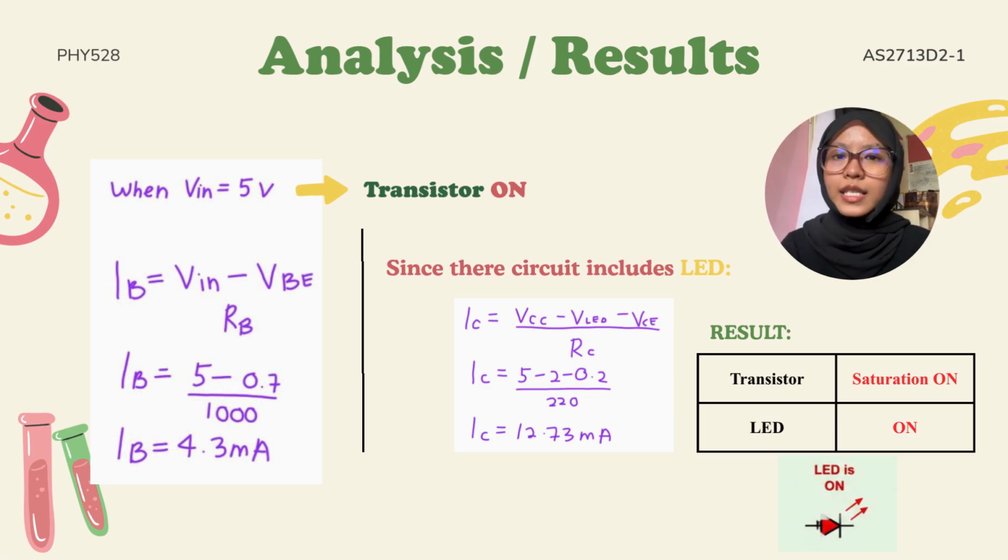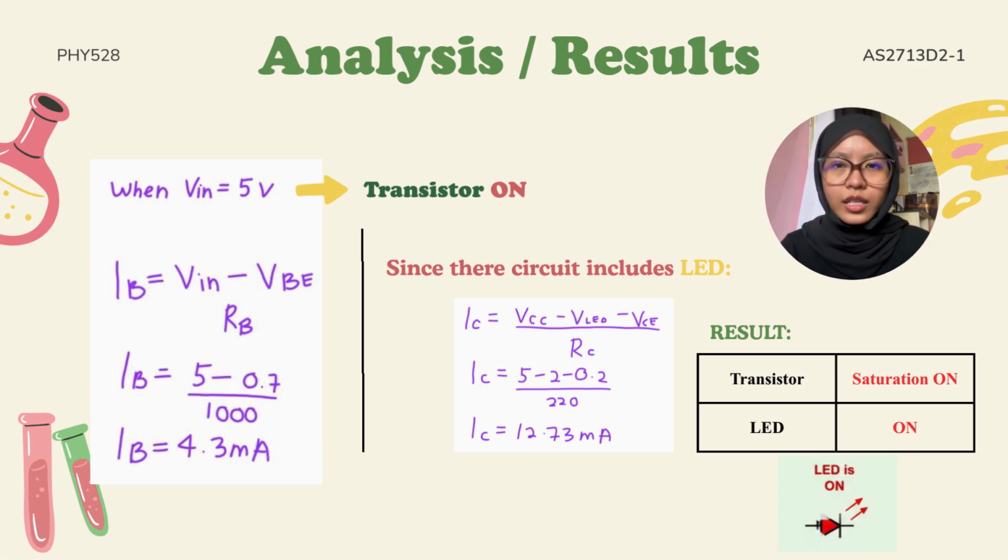Next, because the circuit includes an LED, we calculate the collector current using IC equals VCC minus VLED minus VCE saturation, divided by RC. And then we substitute the values. IC equals 5 minus 2 minus 0.2, and we divide it by 220, which gives approximately 12.73 milliampere.